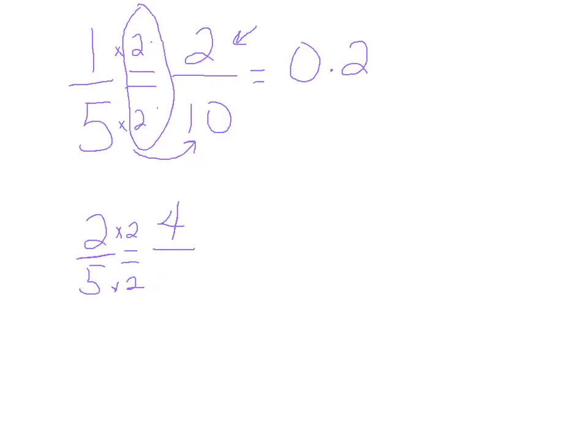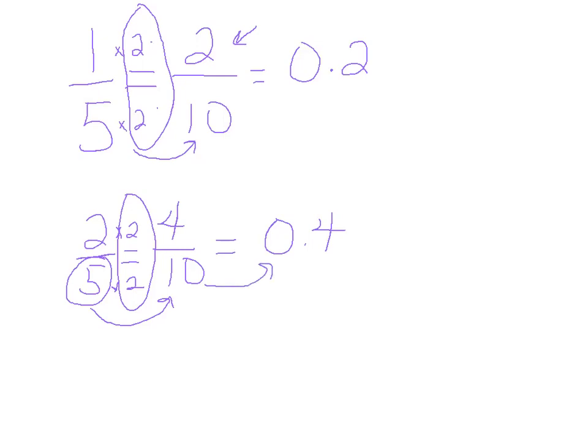Let's erase that. I would get 4 tenths, which would equal 0.4, because 4 is in the tenths place. Again, all I'm doing is I'm trying to make this denominator a number I'm used to seeing, like a tenth, to make it easy to turn into a decimal.